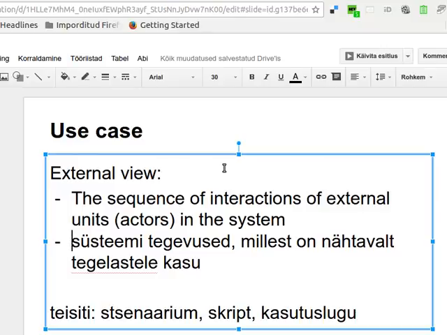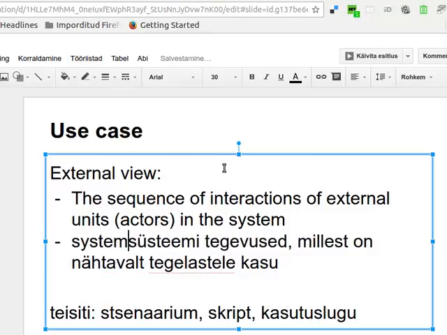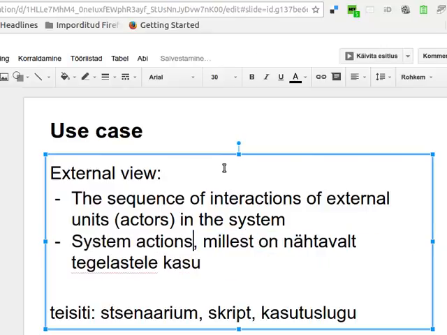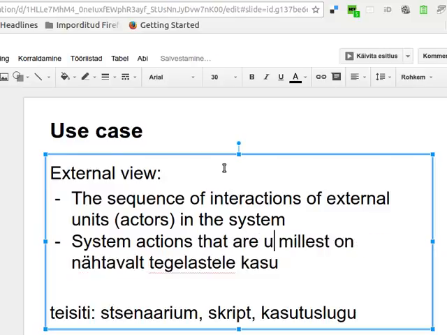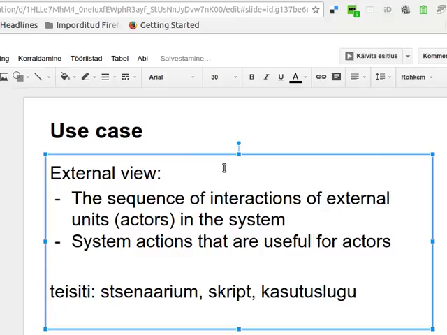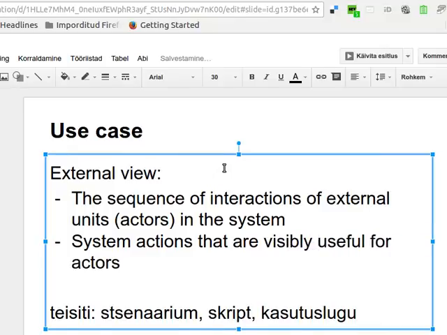And system actions that are useful for actors. There is one more word that is visibly useful for actors.